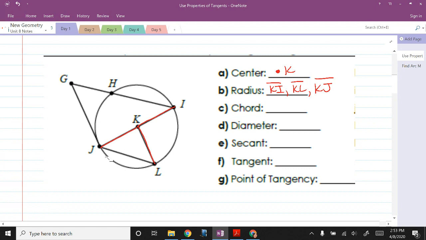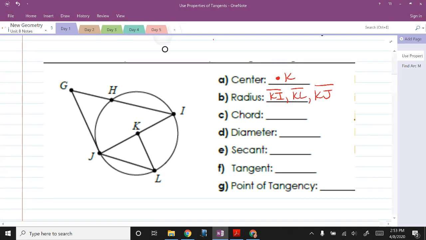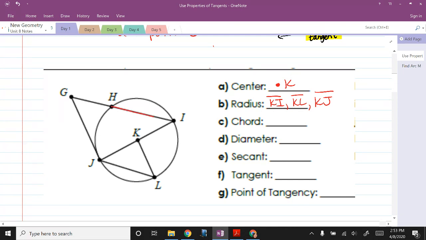All right, a chord, sorry, I'm trying to erase these. A chord is a segment that has endpoints on the edge of the circle. So one of them is segment HI.